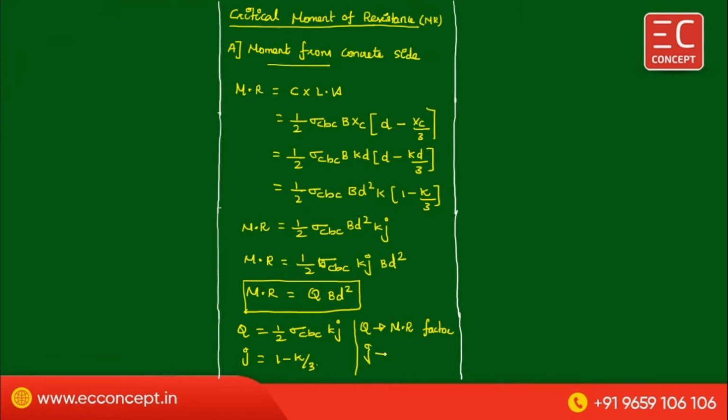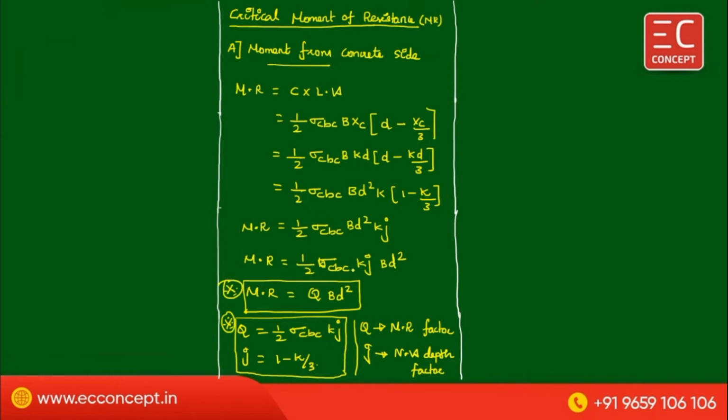J is the neutral axis depth factor. Okay. Now see, these are the important formulas you have to keep in your mind. Wherever I put the formula in the box, those things only they will ask you in the examination.